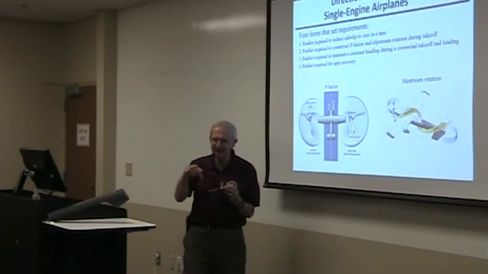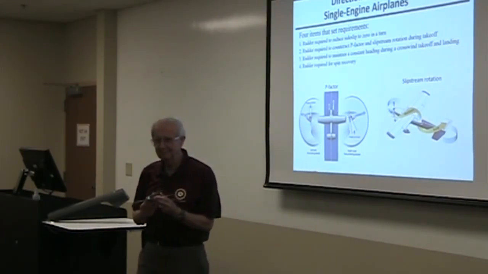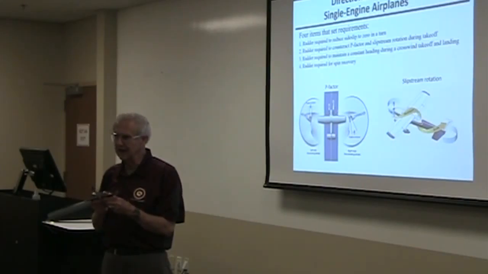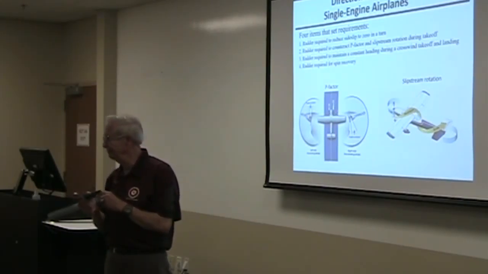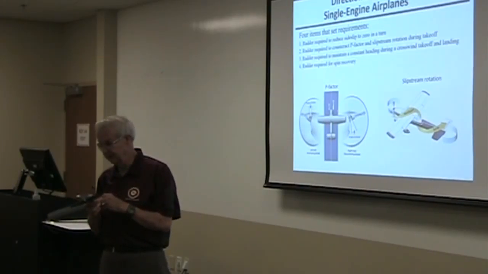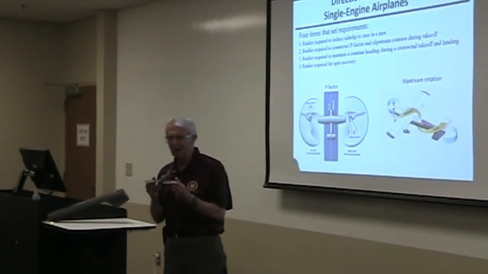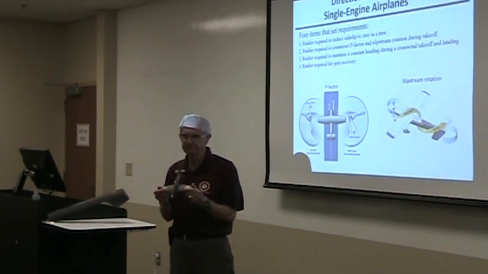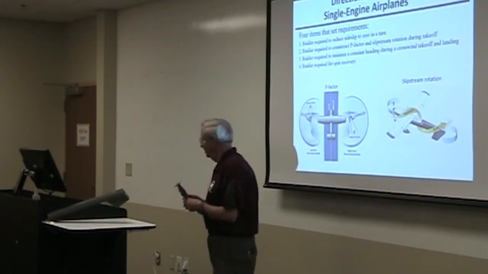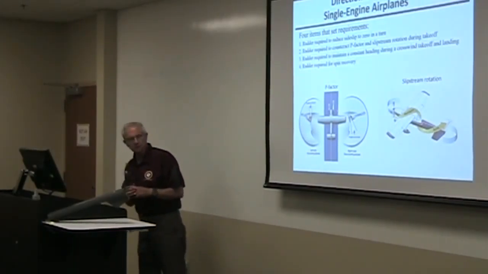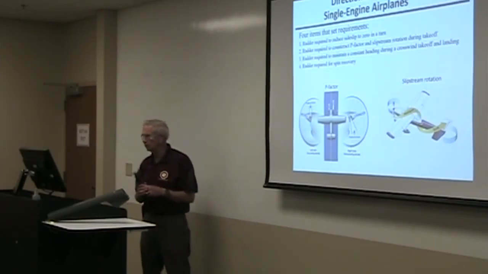You would like to keep that ball in the center because you don't want side slip because, number one, it makes the airplane less efficient, more drag and that sort of thing. So we really don't want side slip in turns or anything else. So one of the requirements for the rudder is to be able to reduce it to 0 in a turn.